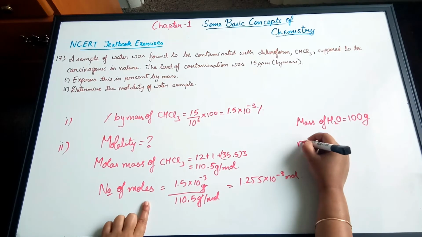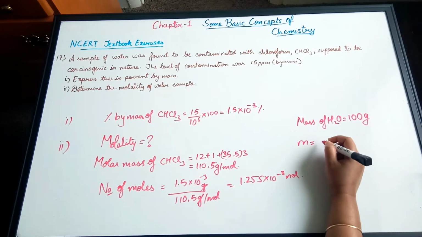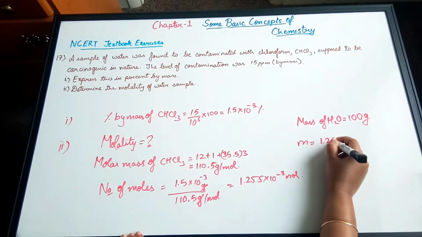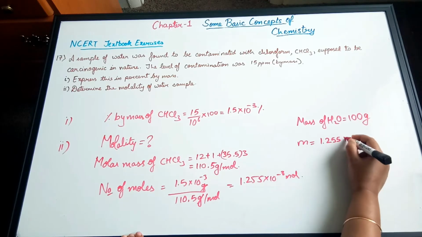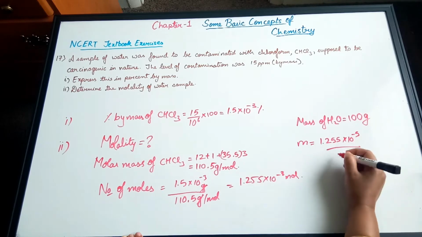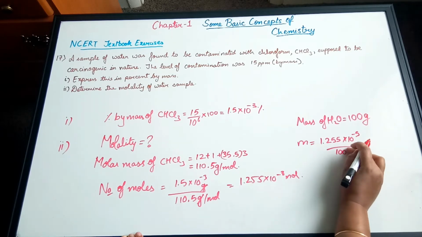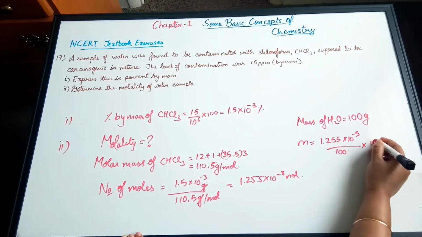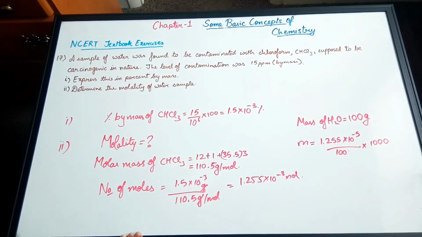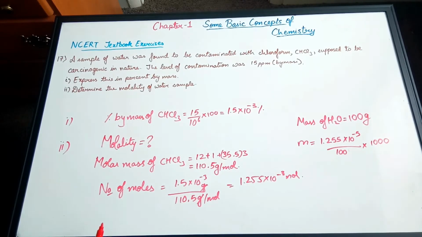So molality, which is denoted with the small m, is equal to 1.255 into 10 to the power minus 5 divided by 100, multiplied by 1000, because in the definition of molality the mass is supposed to be in kilograms, but here we have only taken grams.